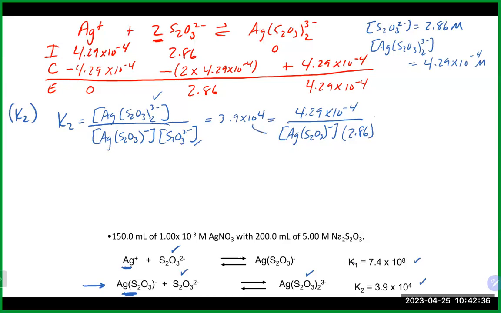If you do the math, just like we did previously, these two guys basically switch places, and we end up with the concentration of this intermediate equaling 4.29 times 10 to the minus 4 divided by 3.9 times 10 to the fourth, divided by 2.86.